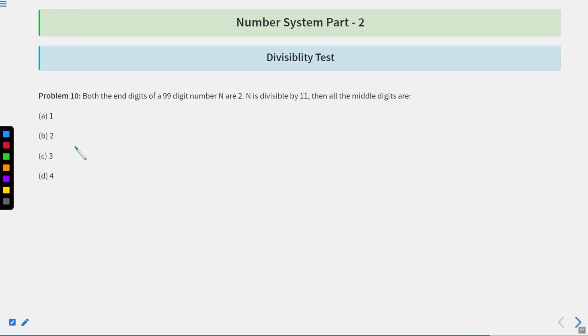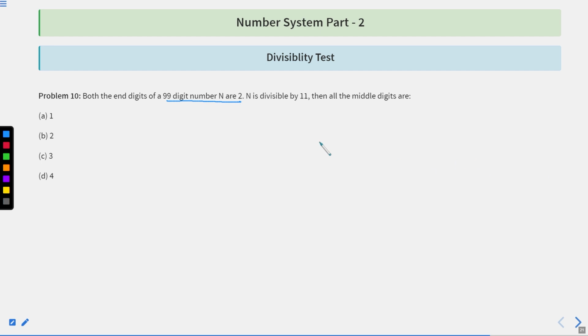So moving on to problem number 10. Both the end digits of a 99-digit number are 2. Let's break down the problem into something simpler.